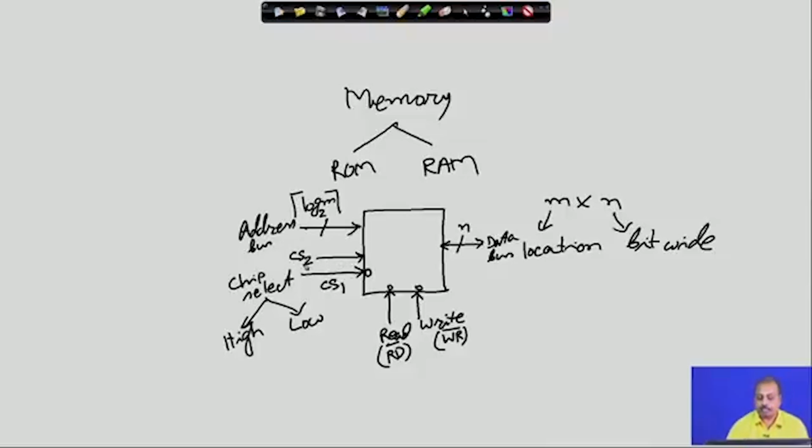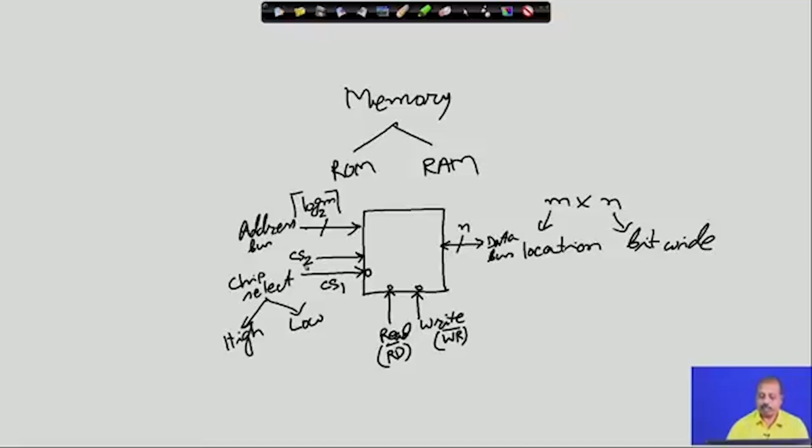The logic is that for the chip to operate and give the output, both CS1 and CS2 must be enabled, and this helps in the decoding process. When we are connecting this chip to the processor, to ensure that we select the proper chip, a decoder has to be there, as we have seen in the last class. The decoder design will be simple if we have multiple chip select lines.